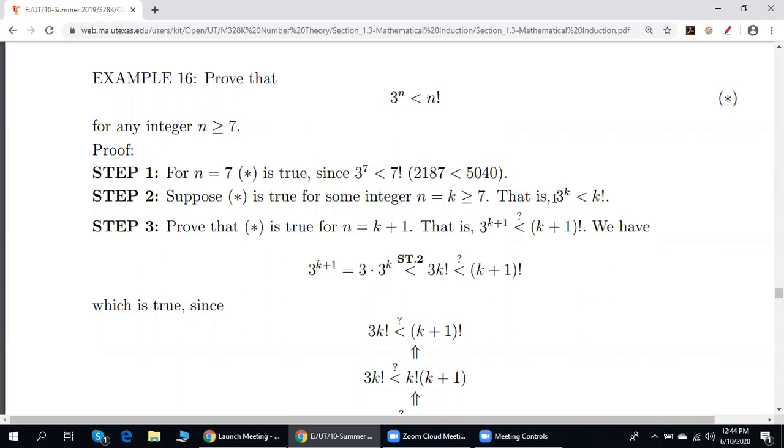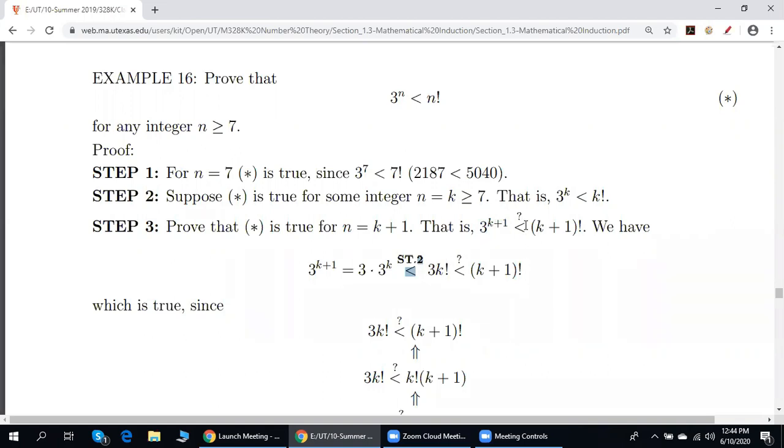If we multiply the left-hand side and the right-hand side by 3, we will get this. So, by step 2, the left-hand side is lesser than the right-hand side. By step 2, 3 to the k plus 1, which is over here, is lesser than 3 times k factorial.